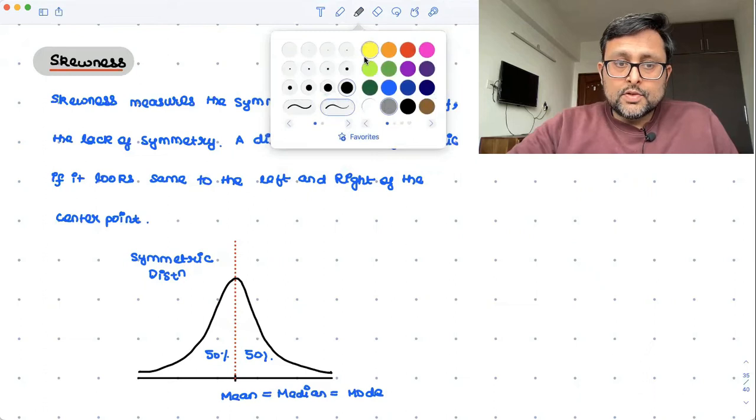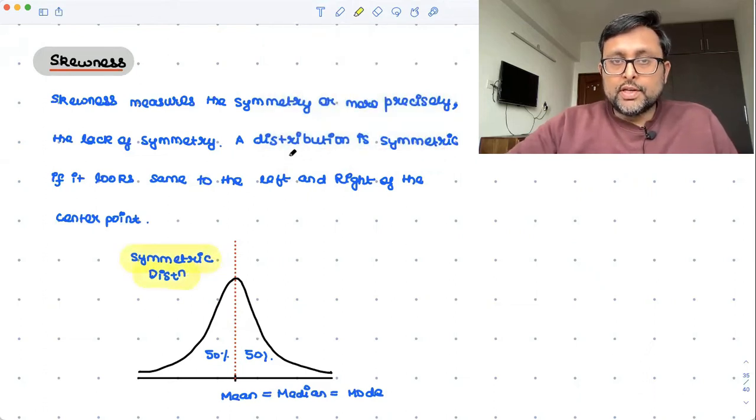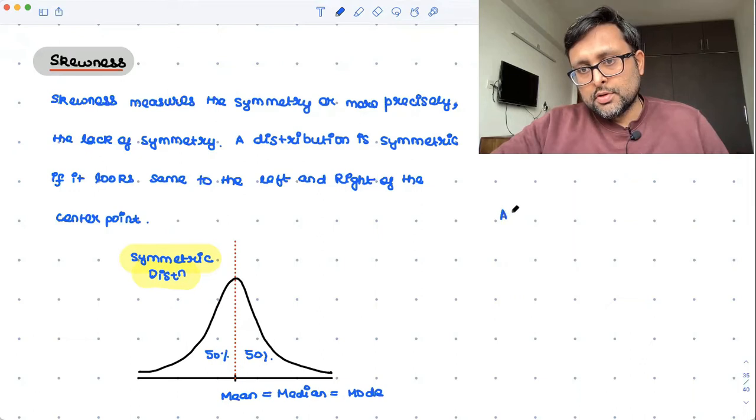Well, you can have a case of asymmetric distribution. So asymmetric distribution can be positively skewed, or asymmetric distribution can be negatively skewed.